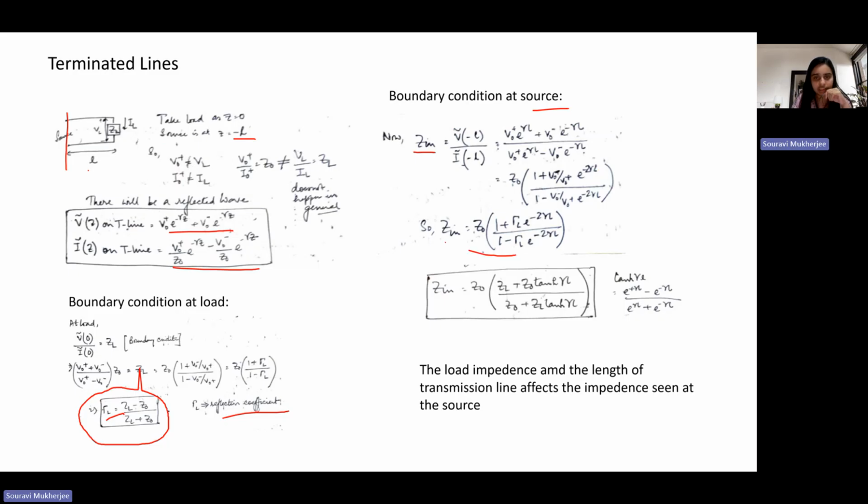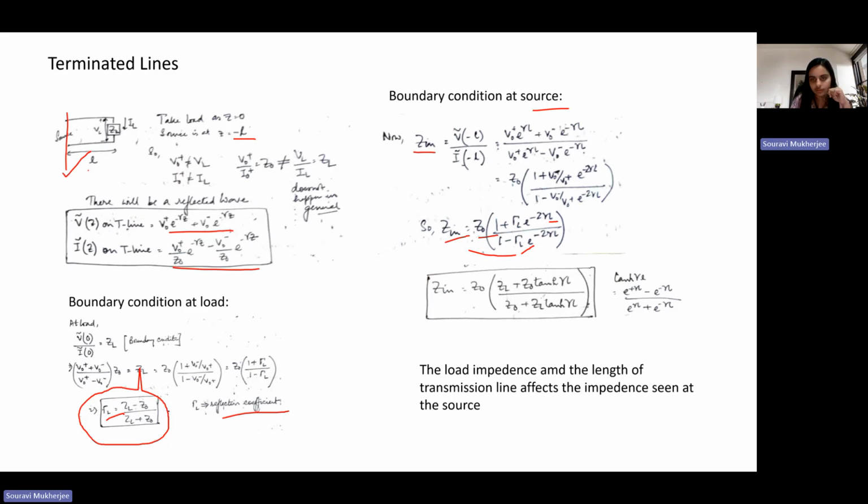So what do you see here? That the impedance at the source end again depends on the characteristic impedance of your transmission line, the reflection coefficient, which means indirectly it's related to the load impedance that you have, and it is also obviously dependent on the distributed parameters which come in gamma, and then it depends on the length of your transmission wire, because that has this e to the power term here, right?